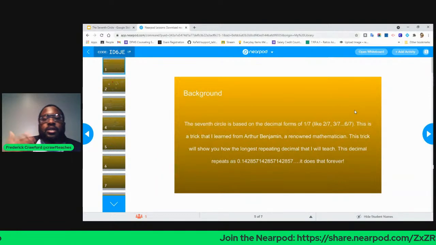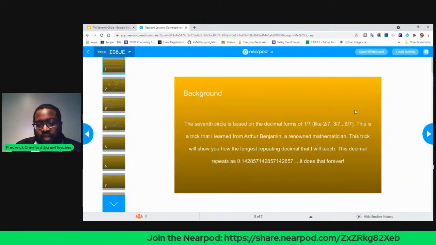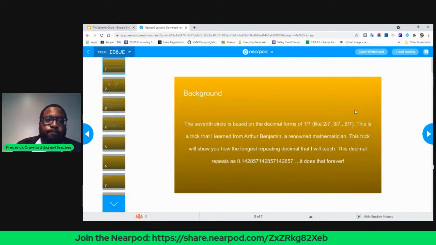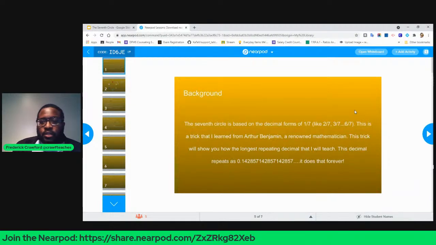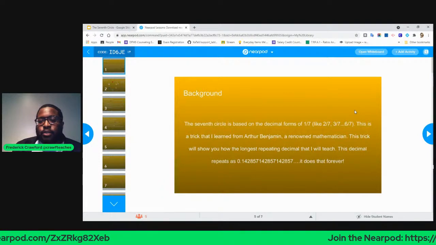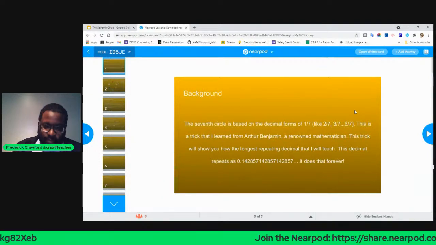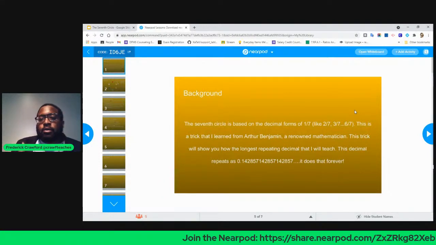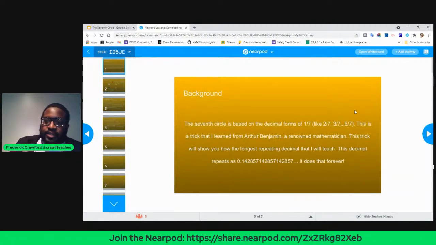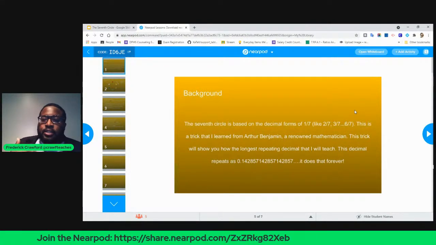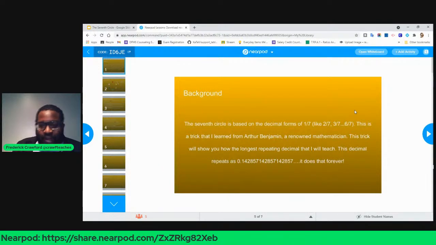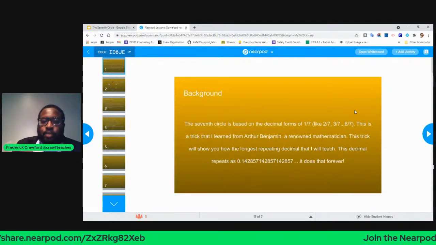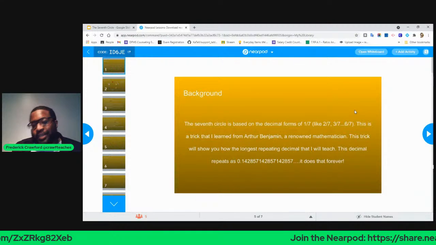And now, when you move on to 2/7, it's going to be 0.285714, my apologies. And then when you have 3/7, it's going to be 0.428571, and so on. So it moves around like a cycle.